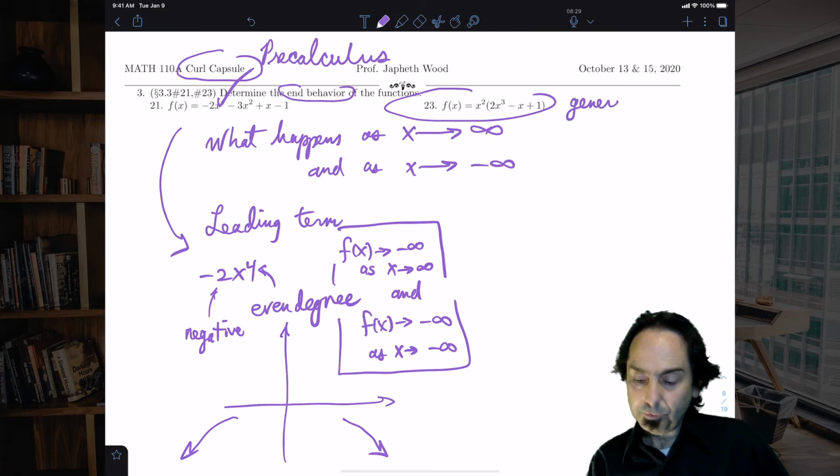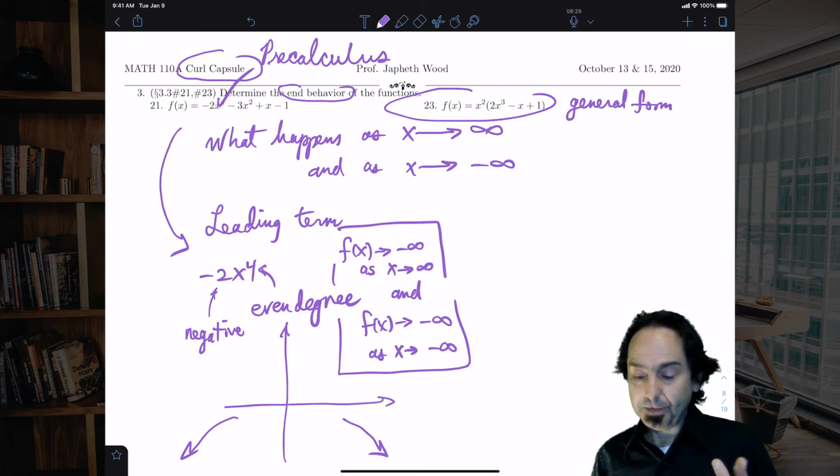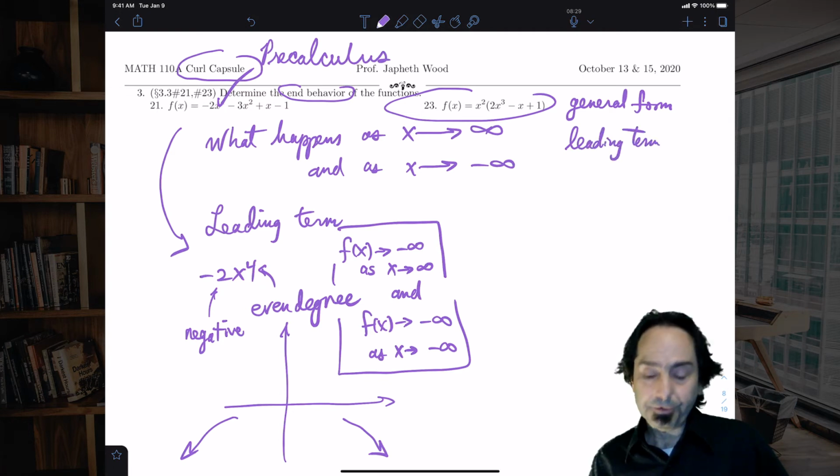And we have to really think about general form. If we had it in general form, we could just pick off the leading term. And thinking about that, we want the leading term. We actually don't need any other term.